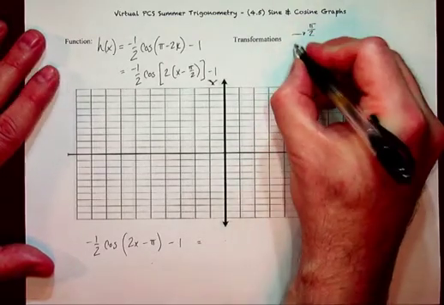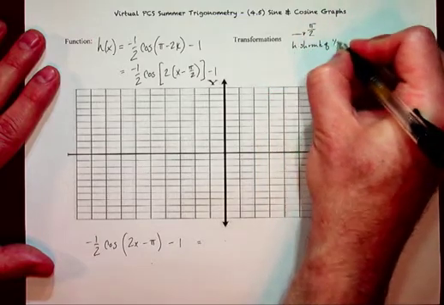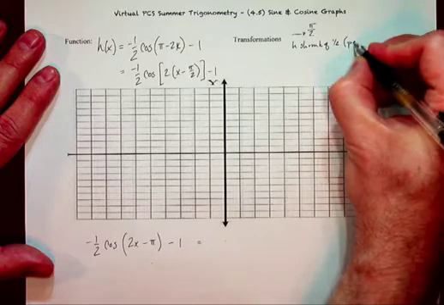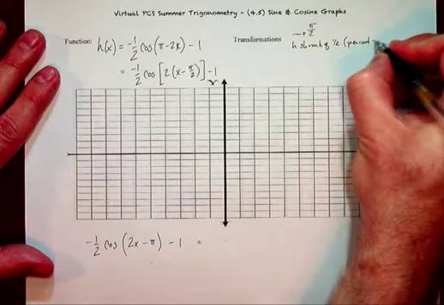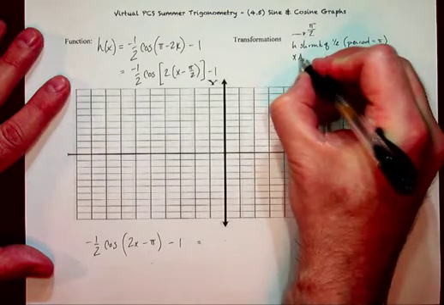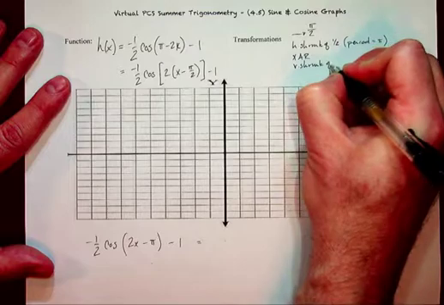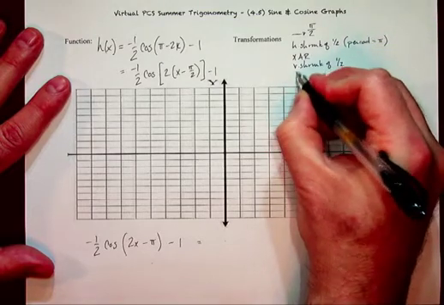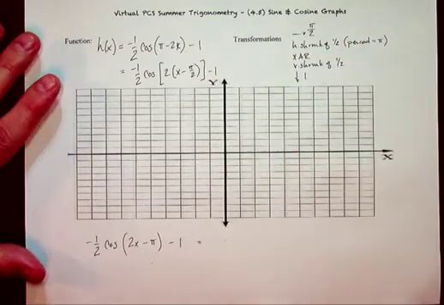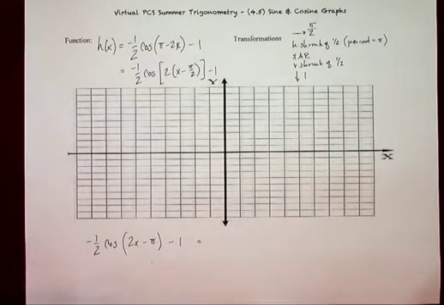We have a horizontal shrink of 1/2, which means I now have a period equal to pi. I have an x-axis reflection and a vertical shrink of 1/2, and it moves down 1. That is a whole lot going on, and the thing is that none of it is particularly difficult. It's just a little bit cumbersome.